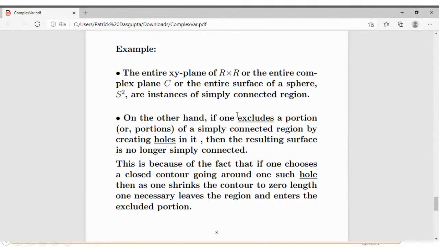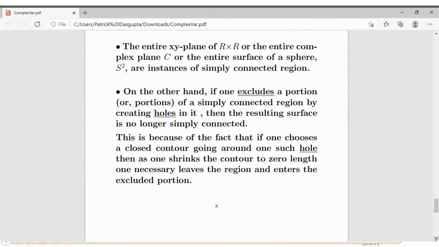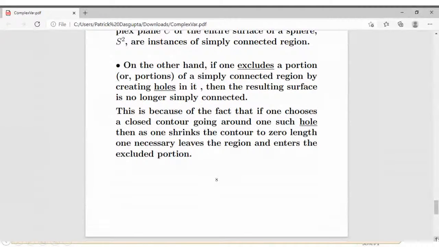Although it is connected, you can go from any point on the land to any other point, but it's not simply connected, because there is a class of closed contours which cannot be shrunk to a point. So whenever from a simply connected region you remove a simply connected portion, then the resulting region is no longer simply connected.